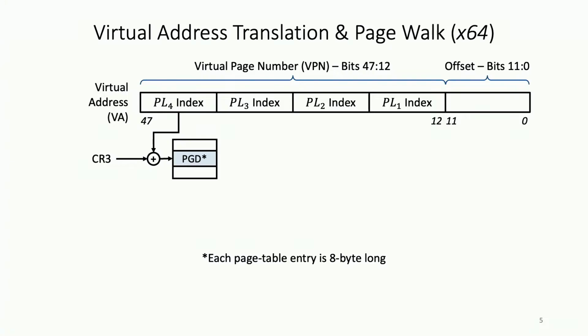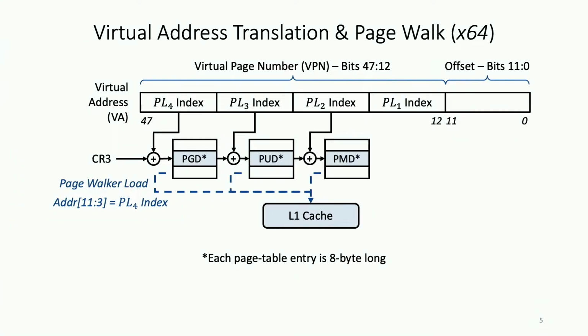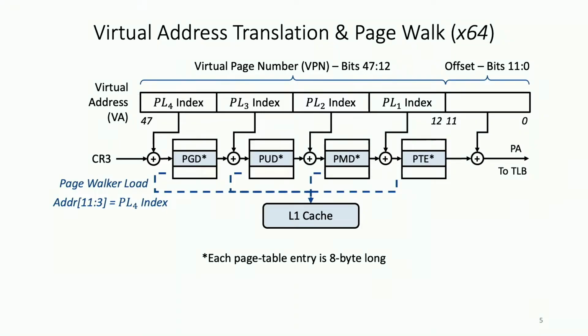This step is accomplished by issuing a page walker load, and on Intel processors, this load goes through the L1 cache to speed up the translation. Also, its address is partially determined by its corresponding PL index. Then, the hardware page walker will just repeat this process in a fashion of pointer chase until the translation completes.